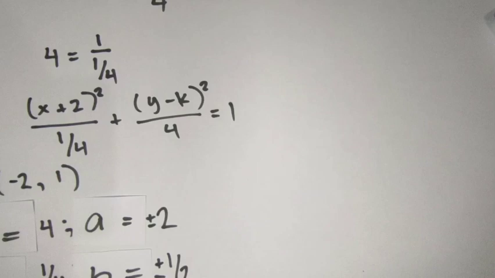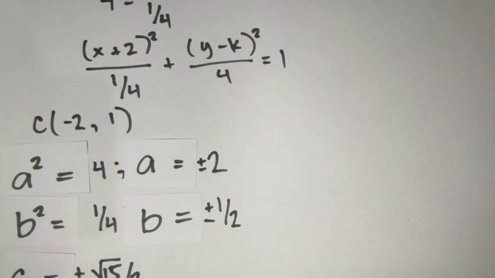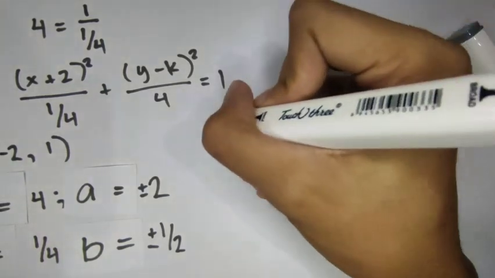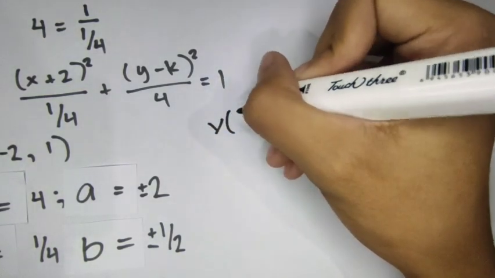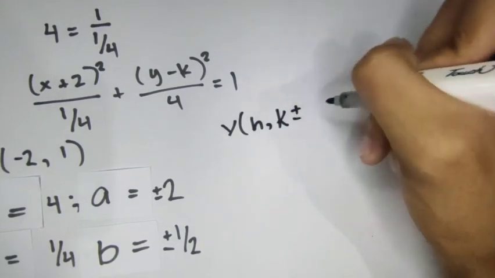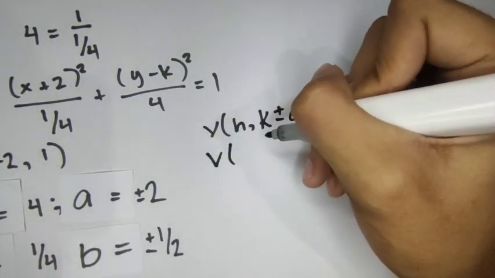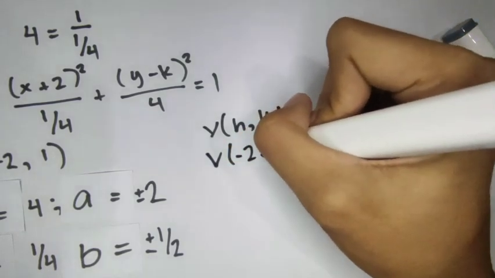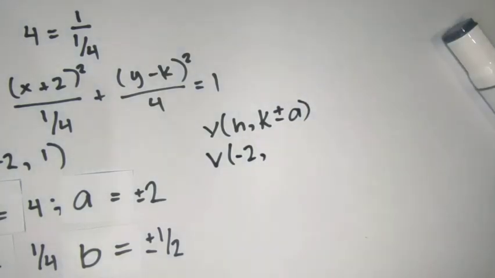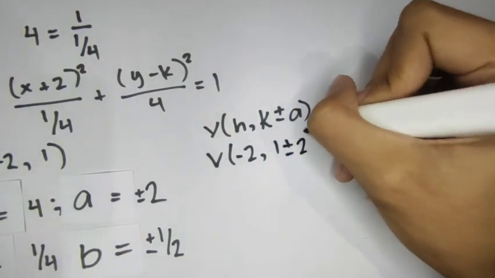Now that we have determined the values of A, B, and C, let's find the vertices, co-vertices, and foci of the ellipse. So this is how you get the vertices of this ellipse: H, comma, K plus minus A. We will add the A value since the A is below the value of K. Since our H is negative 2 and our K is positive 1, we will just write it down: negative 2, comma, 1 plus minus 2.